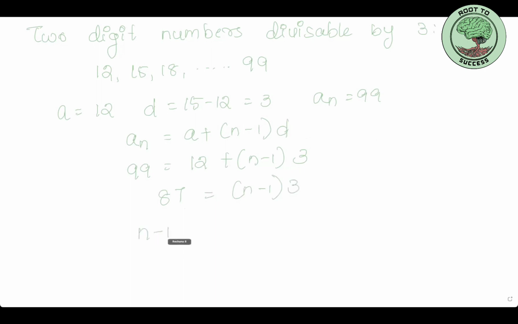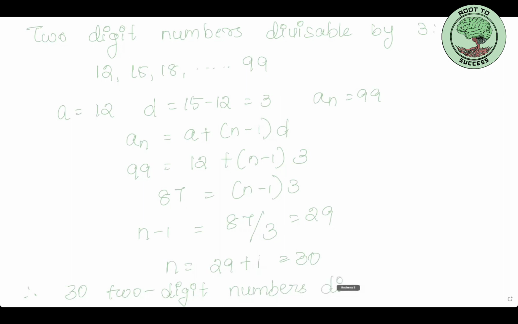And N minus 1 will be 87 by 3, which is 29. And N will be 29 plus 1, that is 30. So therefore, there are 30 two-digit numbers that are divisible by 3.